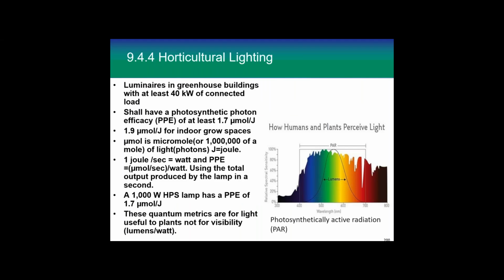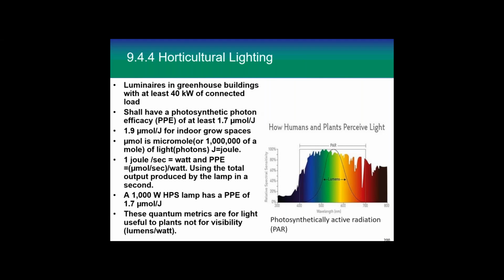Now, horticultural lighting. This is a big load, and in some states there's a lot of horticultural lighting going on. What's interesting about this regulation is it is completely different than for people. Plants care about photons: photosynthetic photon efficacy, PPE, of at least 1.7 micromoles per joule.